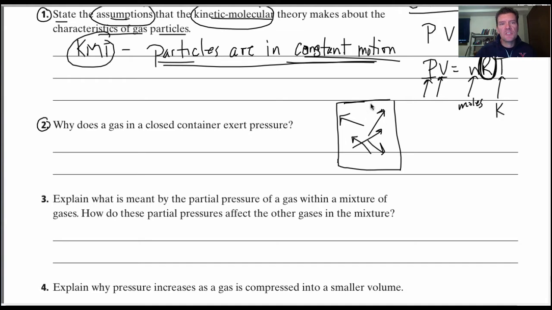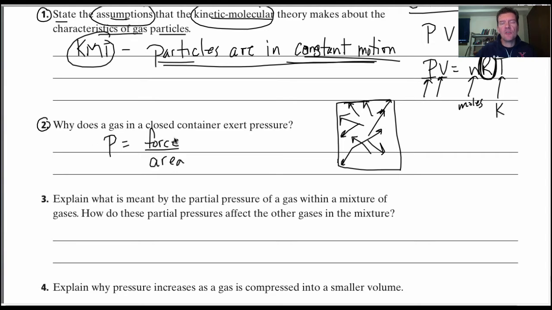Well, if they're in a closed container, then they're going to be pushing against, bombarding, colliding with the inside of that container. And anytime there is a force on a particular area, that's going to exert pressure. So pressure is force over area.